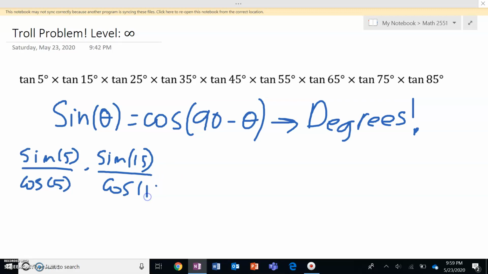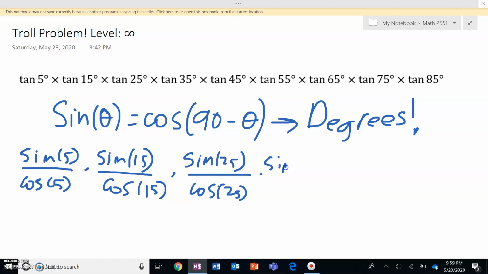It looks like 115, which is something I really don't want because that gives me a completely different value of cosine, because it's negative if it's an obtuse angle. So this would be the sine of 25 over the cosine of 25, multiplied by the sine of 35 over the cosine of 35.